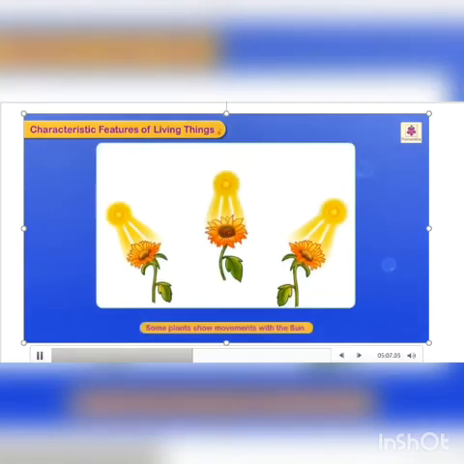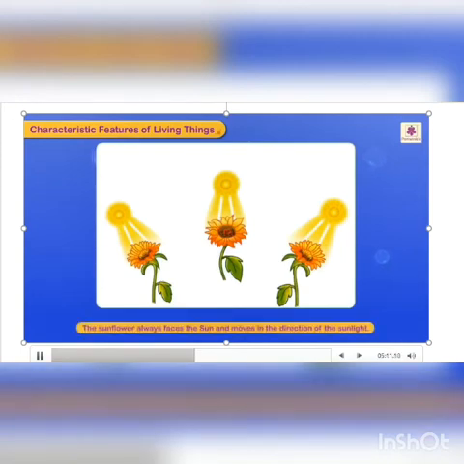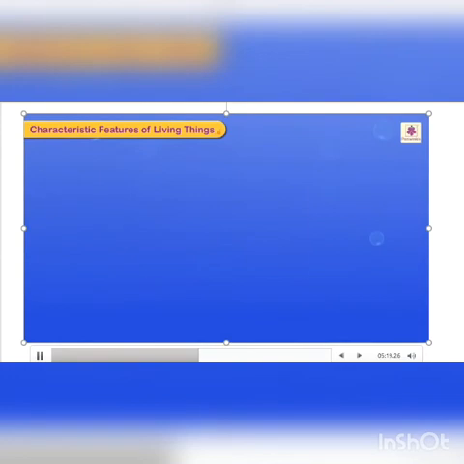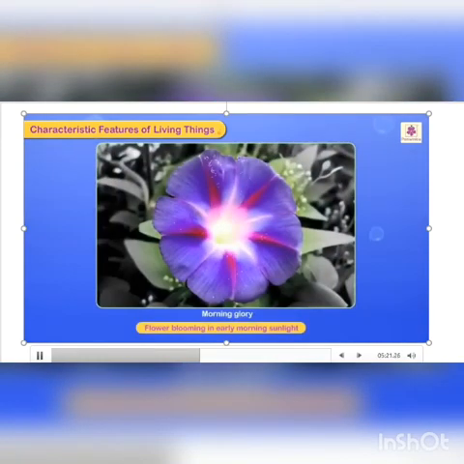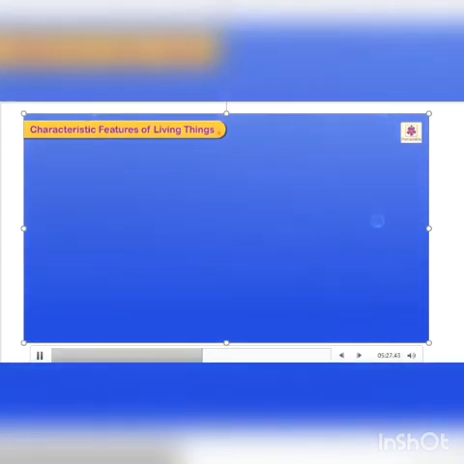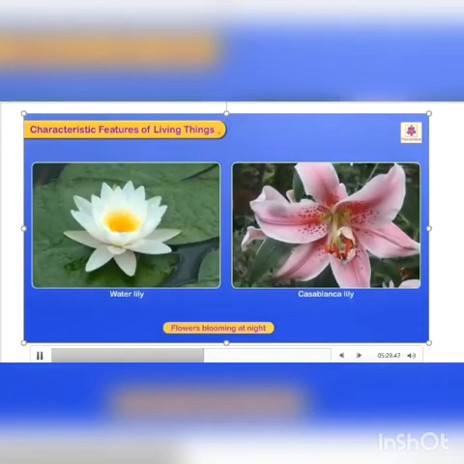Some plants show movements with the sun. The sunflower always faces the sun and moves in the direction of the sunlight. The morning glory flower blooms in the early morning sunlight. There are some flowers that bloom at night, such as the water lily and Casablanca lily.